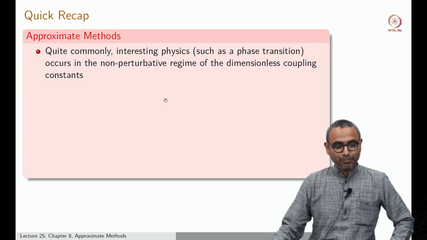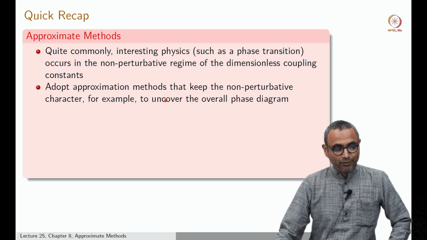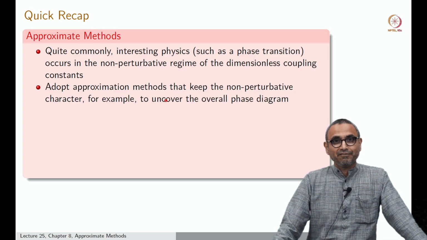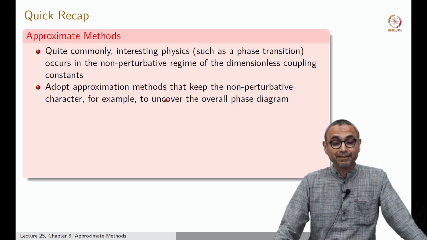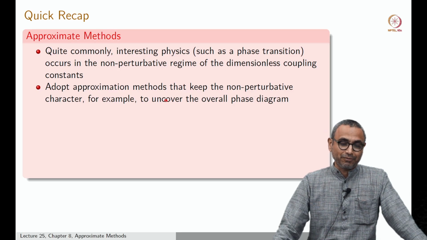So, this is not in the perturbative regime. So, we want to develop ways to approximate our problem in such a way that we can find the non-perturbative effects even if we miss some other kind of physics.